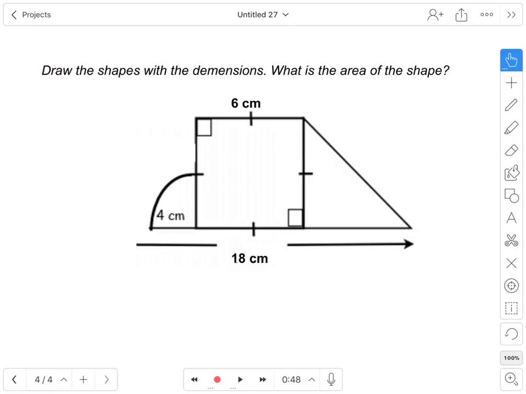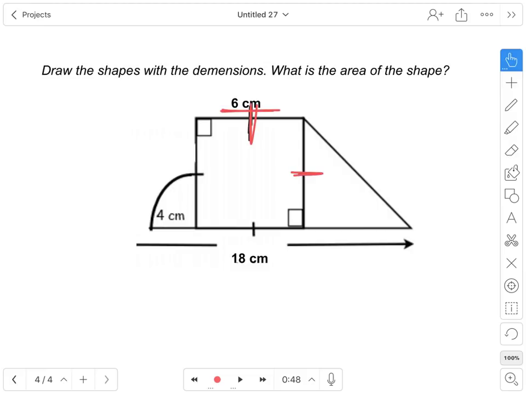Yesterday, you were supposed to do this as an exit ticket, and a lot of you kind of understood part of it, but not the whole thing. So I'm going to go ahead and go over it. If you look at this shape, remember, you have this part. Let me change colors. So this means that that's 6, right?